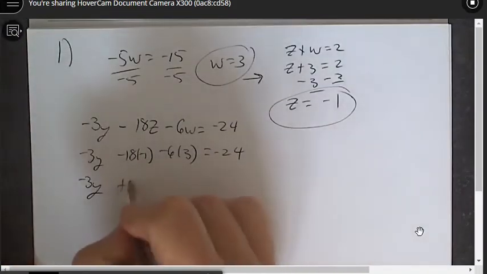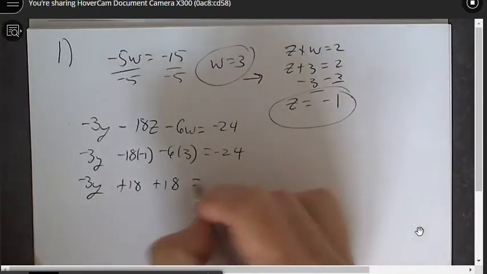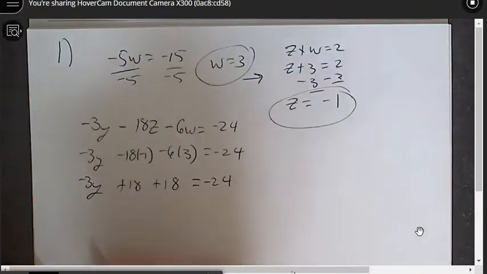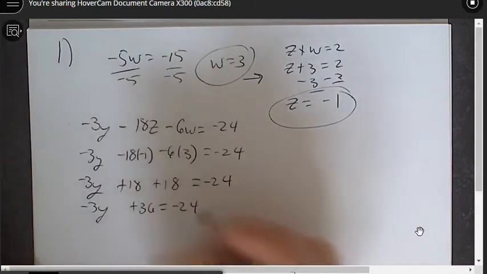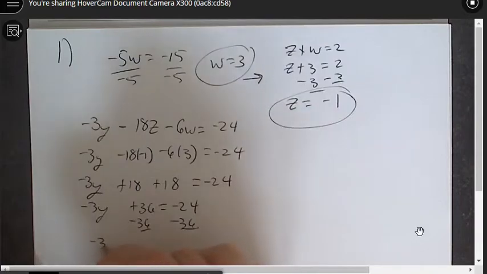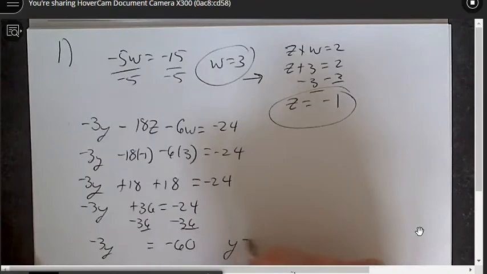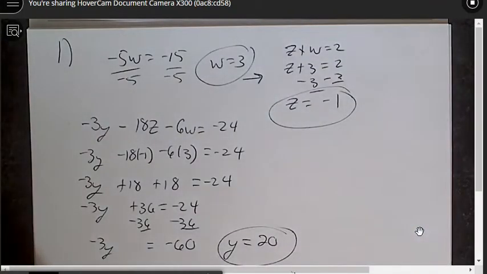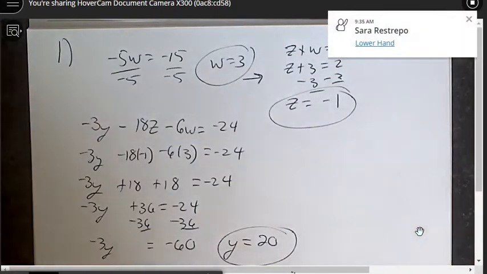So that's going to be a positive 18. That's going to be a positive 18. So that is negative 3y plus 36 equals negative 24. Subtracting 36. And then dividing those two, we get y is equal to 20. Okay, so now we have those three values to plug in at the end to go from there.